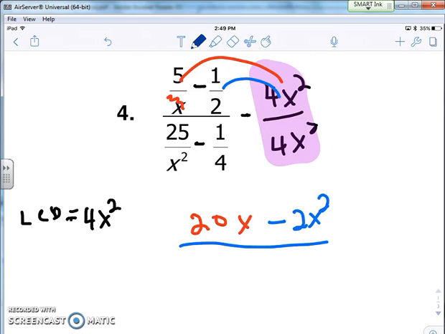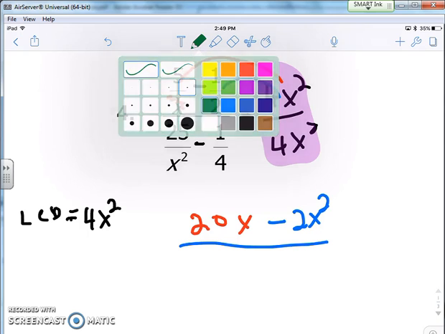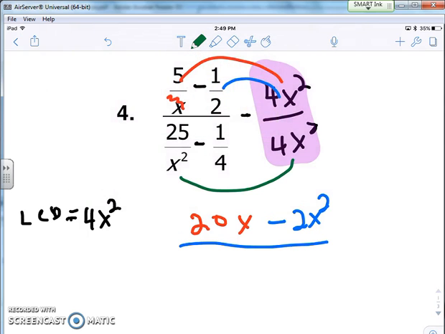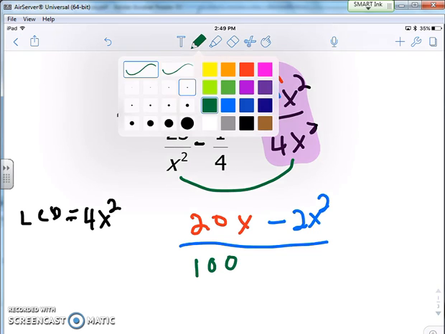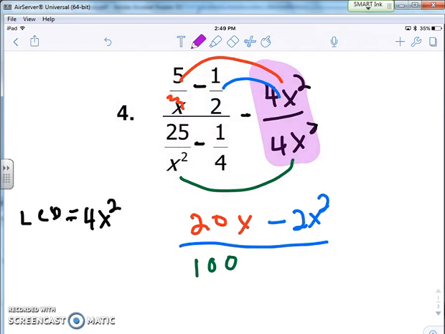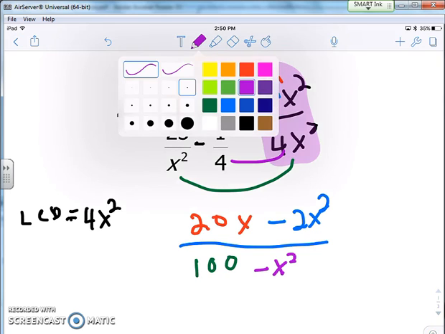Divisor bar, move to the bottom, distribute to the 25 over x squared. X squared reduces out, 25 times 4 is 100, and distribute to the 1/4, the 4's reduce out, so we get minus x squared. The denominator is a difference of squares. 100 minus x squared is a difference of squares.